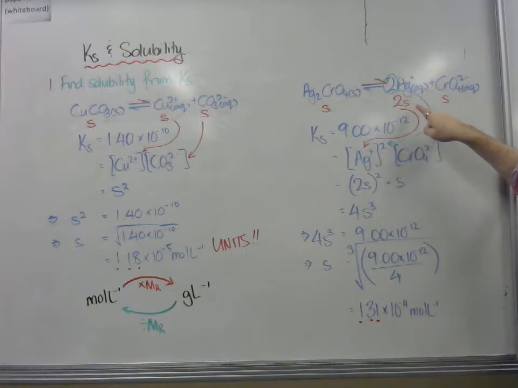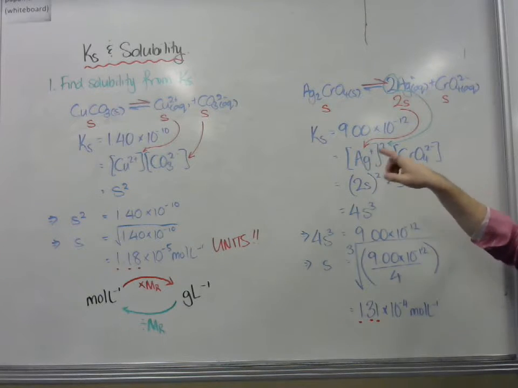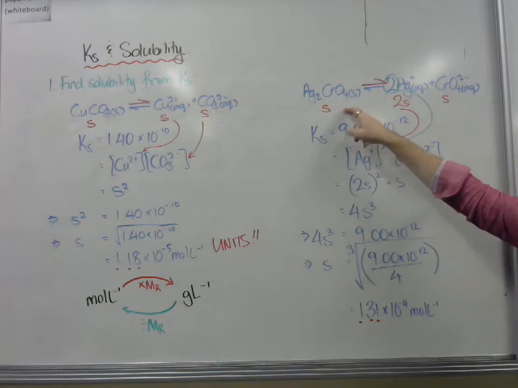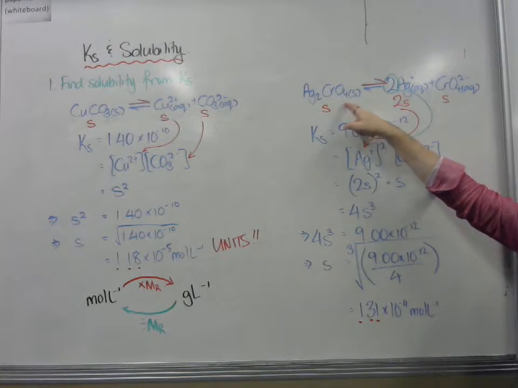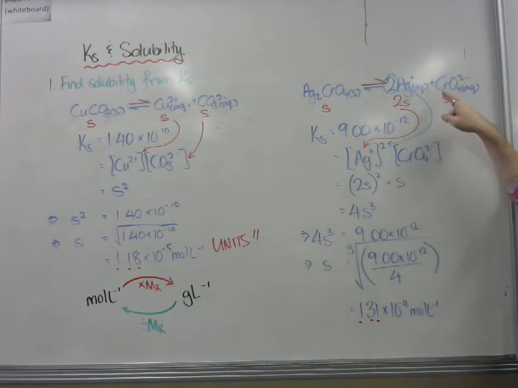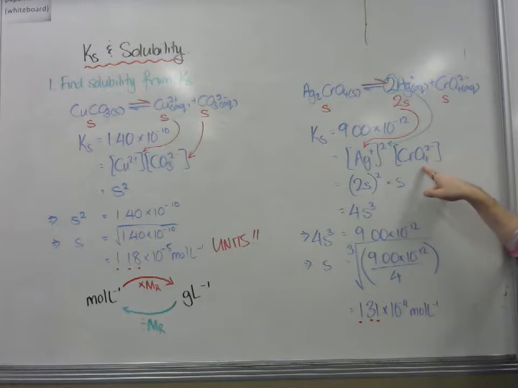We also, though, have to put inside that not S but 2S, because it's the concentration that is made. So if this is 0.1 moles per litre, it's not, but let's say it was 0.1 moles per litre actually did dissolve, this would be 0.2 going into there, and that would be 0.1 going into there. So just be aware of that.